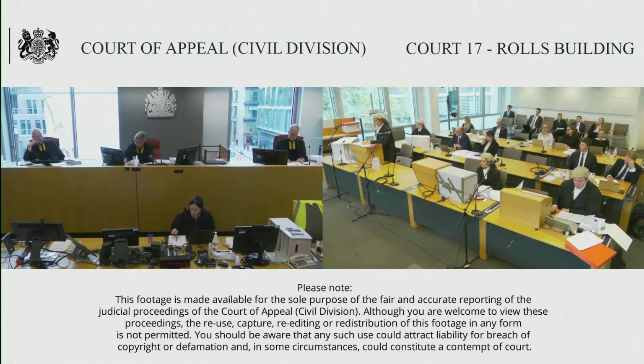But the second point we make is that one has to look at that in context, and the reason why that argument was not being run was because a bigger argument, if I can put it that way, a more powerful argument, which ultimately failed, was run, which is that the claim form on its proper construction already encompassed the claims of people that had died, even people that had died before the claim form was issued.